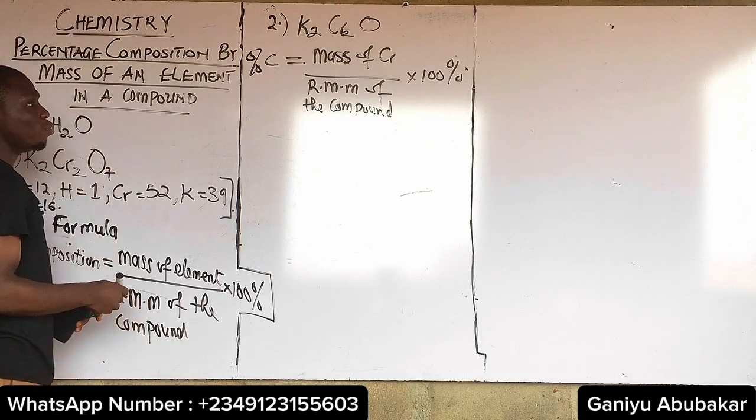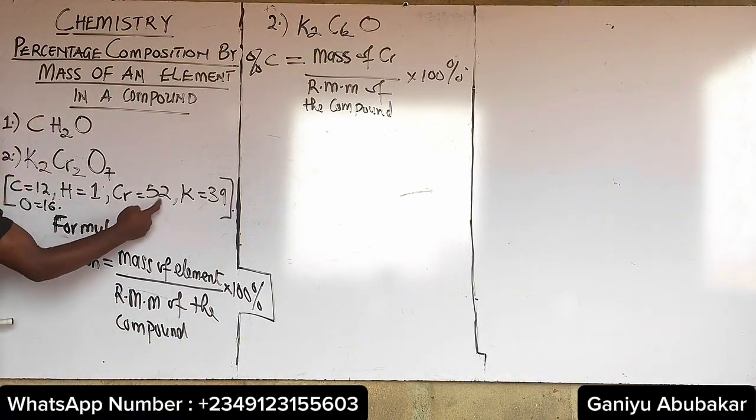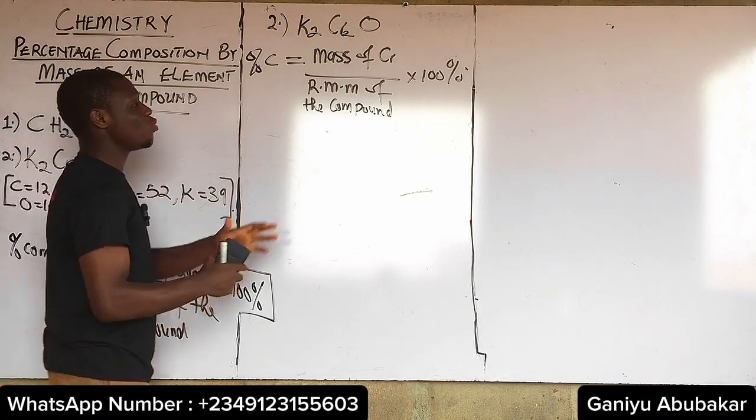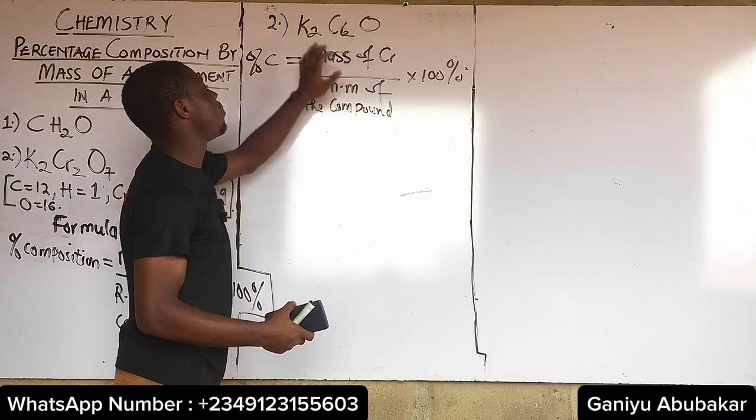The mass of chromium is 52. So what I need majorly now is the relative molecular mass of the compound.